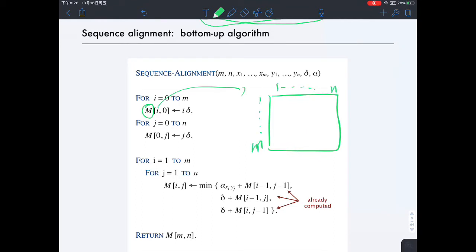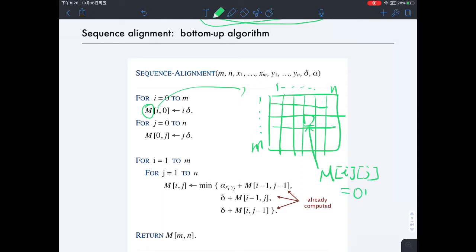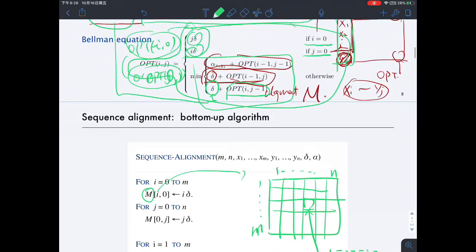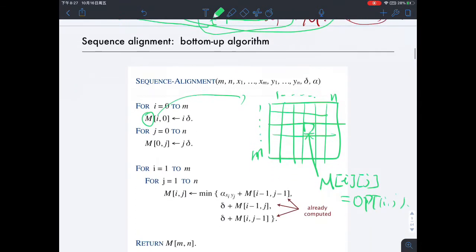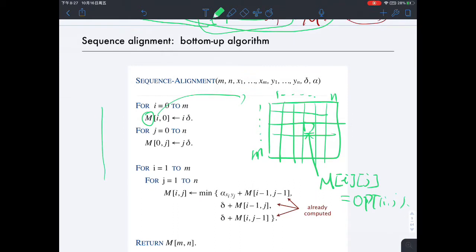So there's an M matrix here, with 1 up to n on one side and 1 up to m on the other. This matrix serves as a cache. We fill in M[i][j] as opt(i, j). We can use the recursive top-down approach, and this algorithm here shows the bottom-up approach.